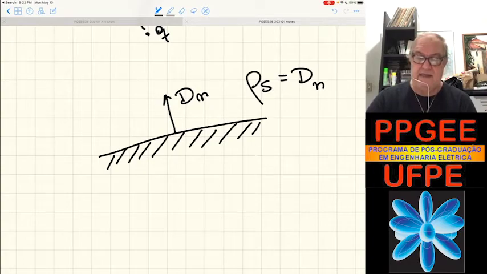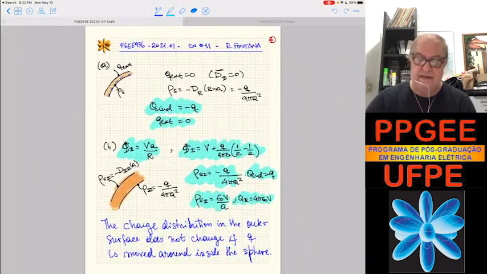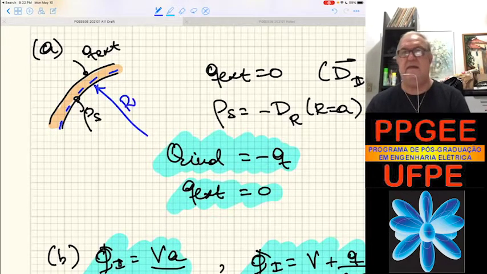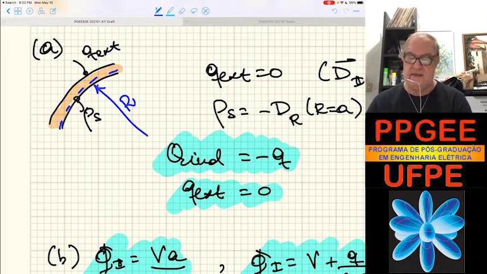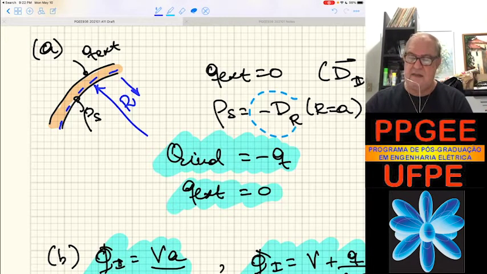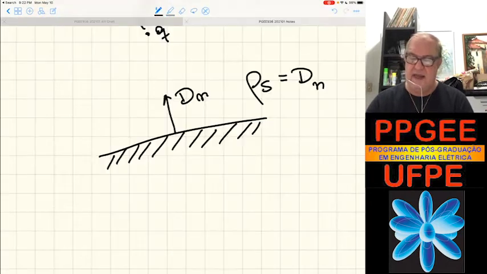In our case, we have radial coordinates. So the normal that points outside of the conductor is minus r. So we just have to calculate D_r at r equals a.